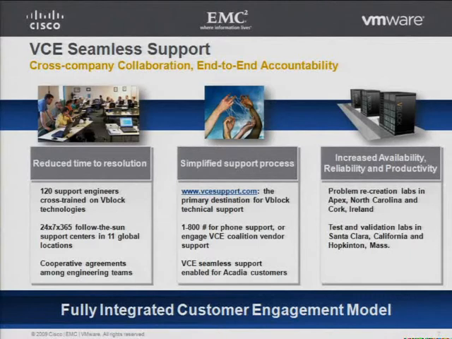And the motivation actually behind that is the fact that we feel that we can drive efficiencies. With this prepackaged model, any issues that our customers will face will probably be similar issues, and those can be resolved faster and will drive down the time for resolution of those issues. So that's the motivation behind offering the single number for support for the Vblock.